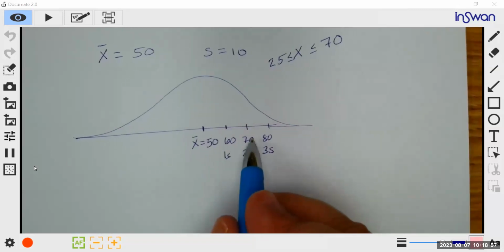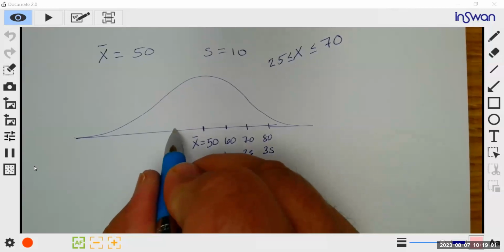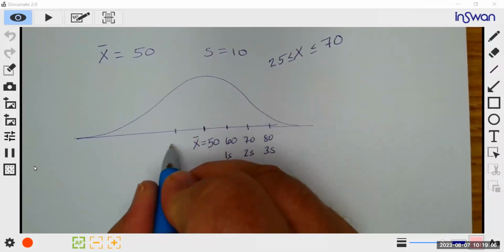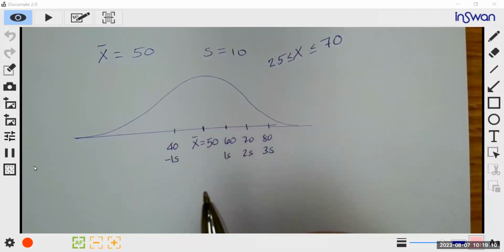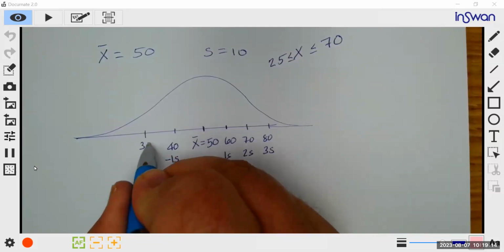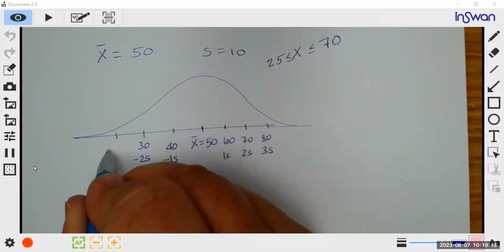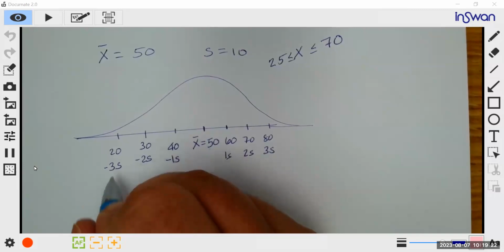Because at each step, I add 10 more, because that's the standard deviation. Going to the left, I subtract 10. So 50 minus 10 is 40. That's -1 standard deviation. 40 minus 10 is 30. That's -2 standard deviations. And 20 is our -3 standard deviation.